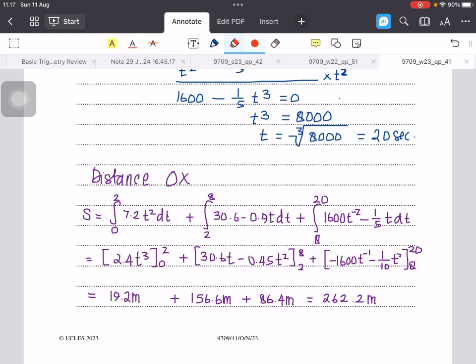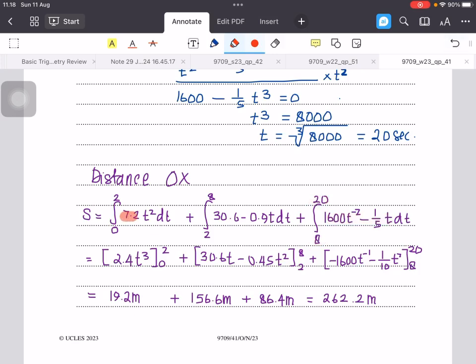And then for the second stage, the formula is integral of 30.6 minus 0.9t dt for t equals 2 up to t equals 8. And then for the last stage, stage 3, the distance is the integral of 1600 t to the power of negative 2 minus 1 over 5 t dt from t equals 8 up to t equals 20.